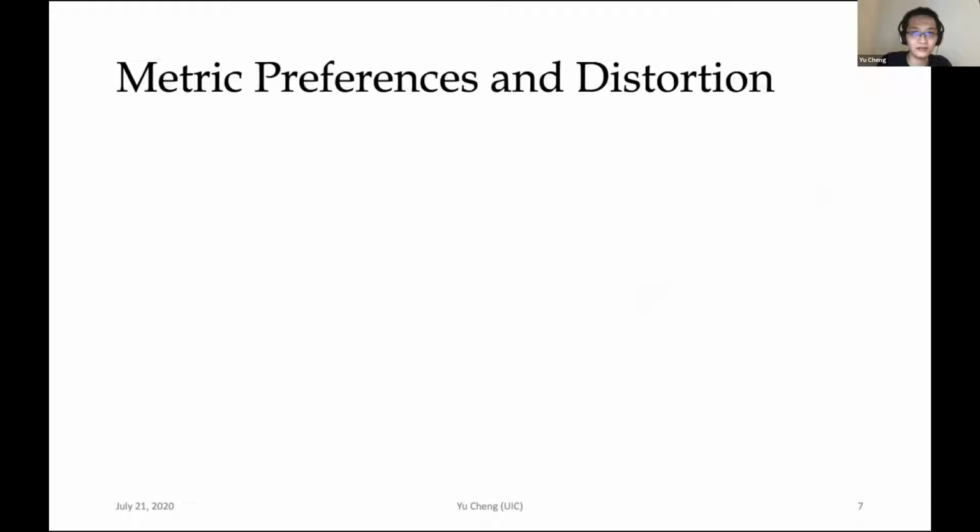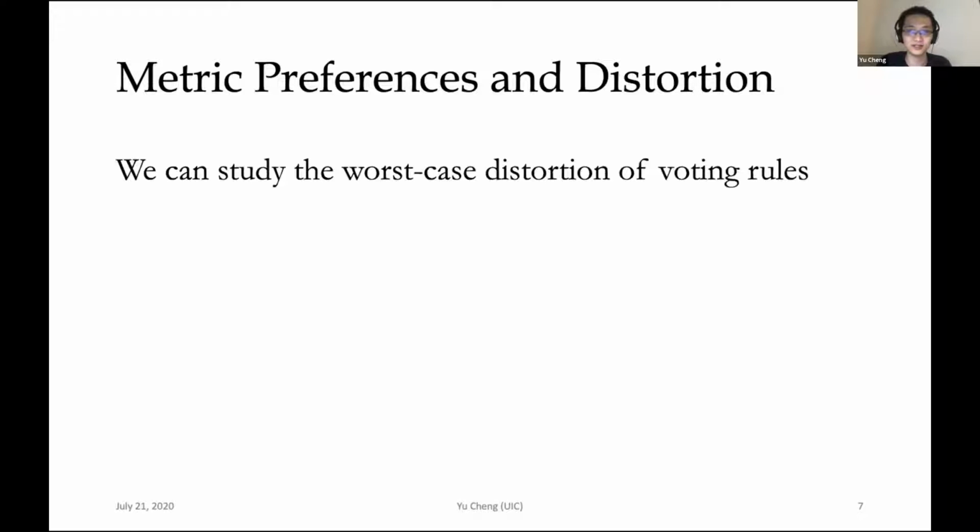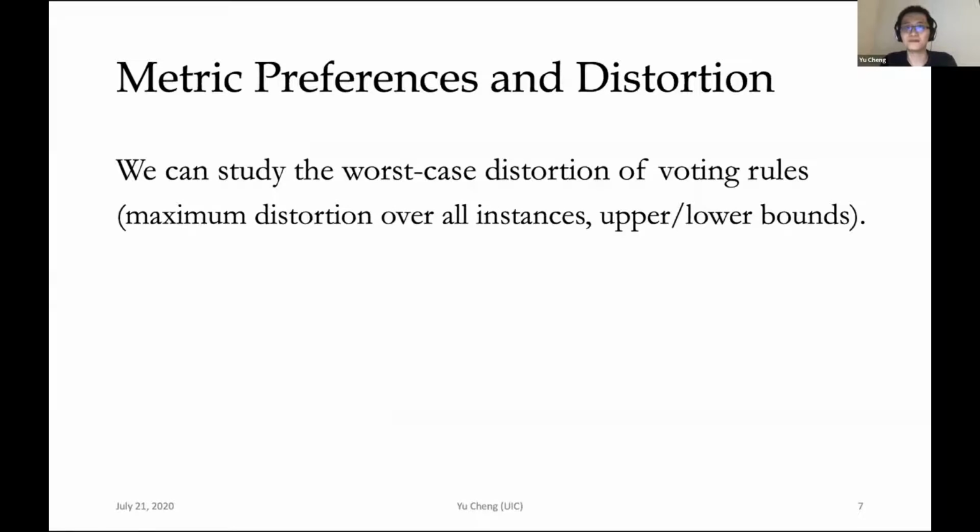All right, good. So what's the upshot of having this model? When you put everyone in a metric space and you ask for distortion, it allows us to study the worst case distortion of voting rules, which is just defined as the maximum possible distortion you can have over all instances. And you can study upper and lower bounds for this, as you've seen in the previous 2 talks.